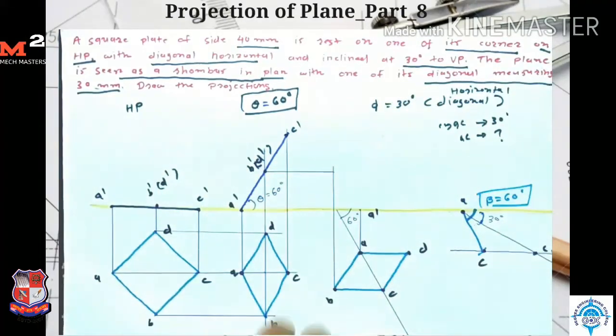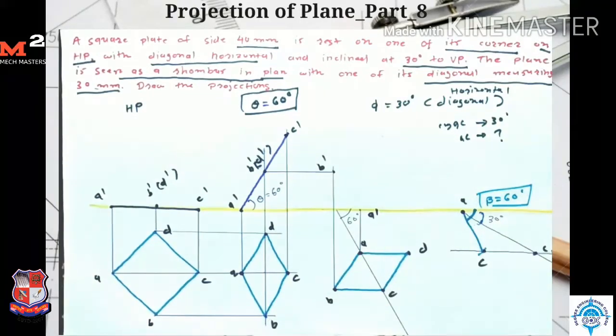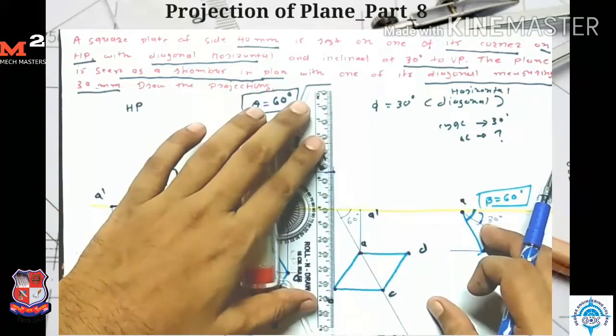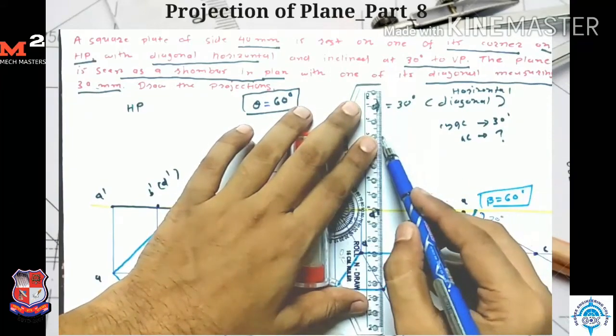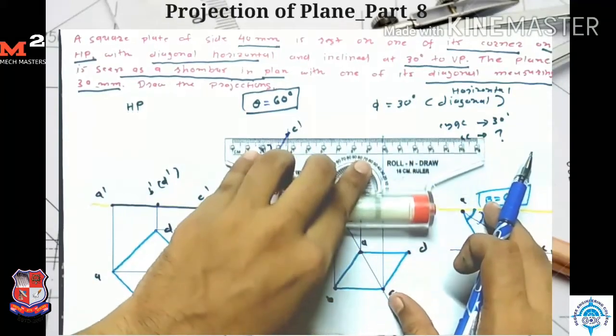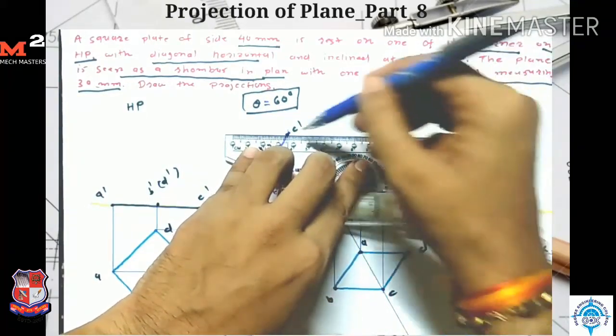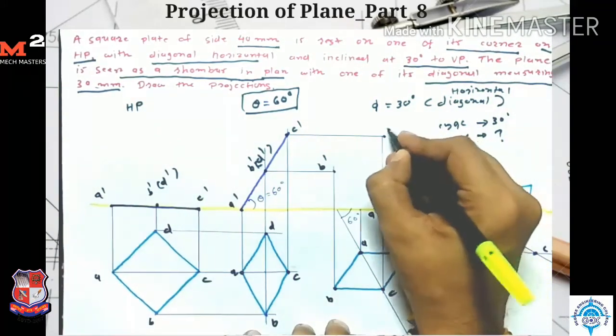So here I get my point B dash. Now for point C dash, I take the projection from here and from here. So here I get my point C dash.